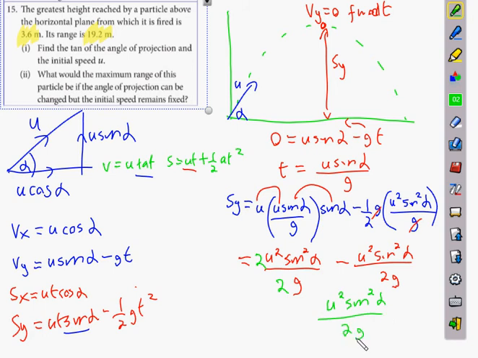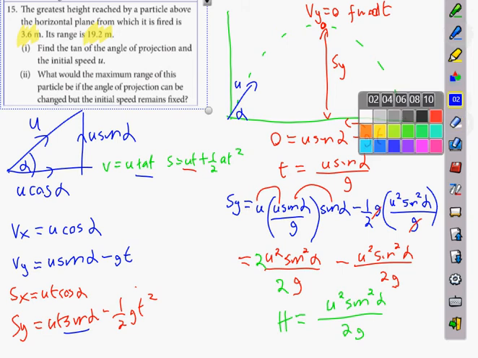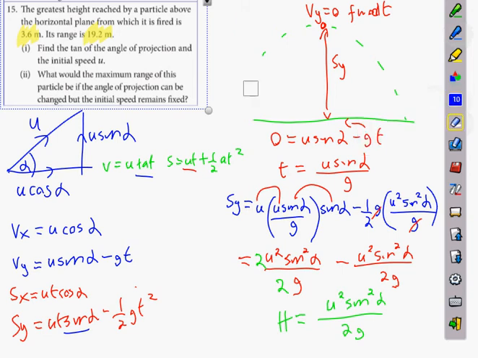This is the formula for the greatest height. Happy enough with that? Now you put that formula into storage up here, and just use it as h.